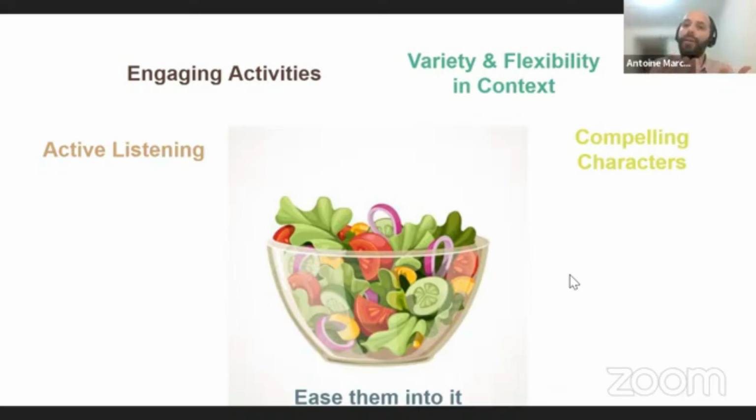Then you add variability. You add variety and flexibility within the context. And finally, you go to compelling characters. Ease them into it, and you'll see you're basically giving your students as close to real life situations as you can.